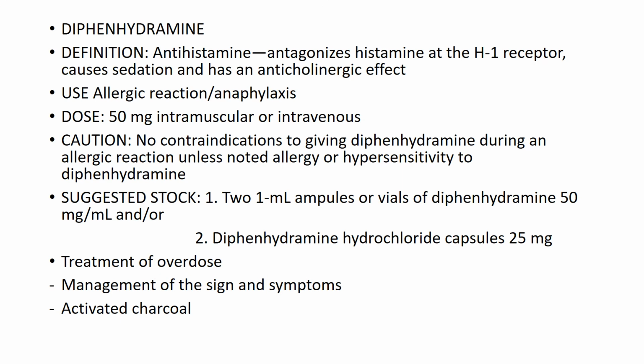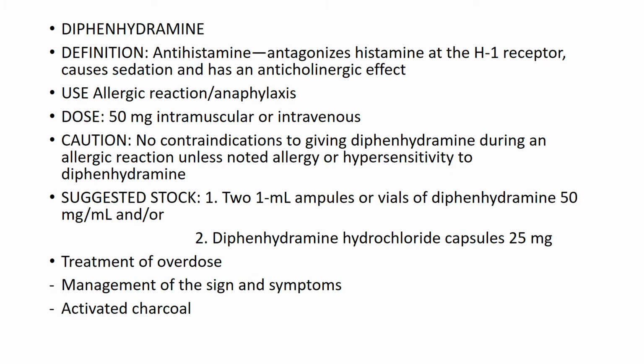The third pharmacological agent is diphenhydramine. Diphenhydramine is an antihistamine which antagonizes histamine at the H1 receptor and causes sedation and has an anticholinergic effect. Diphenhydramine is indicated in allergic reaction or anaphylactic reaction. The dose is IM or IV 50 mg.